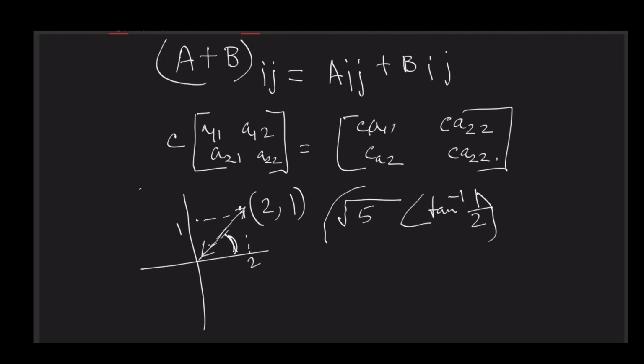So obviously a diagram of an arrow will evoke in your mind. So you can understand that 2 comma 1 and this arrow, both of them are almost the same thing.